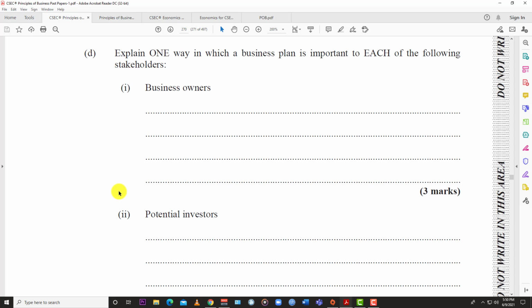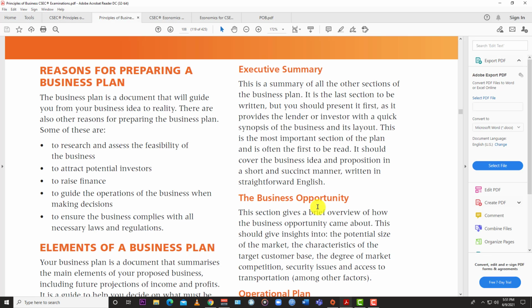So apart from being a guide to helping you to achieve what you need to, it also acts as some historical data to show you where you were and where you're at, so it can be used to monitor and evaluate your business progress. And if we go to the textbook now, they have a whole list out here. They said to research and assess the feasibility of the business.